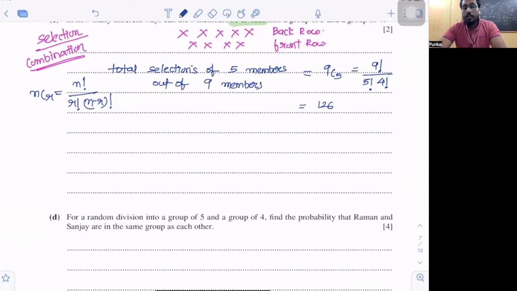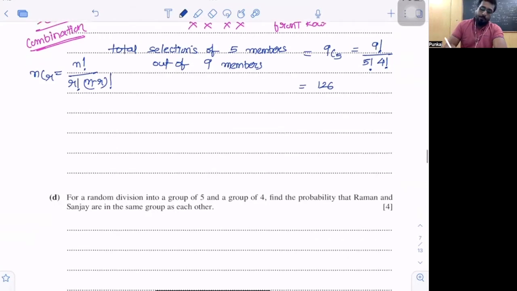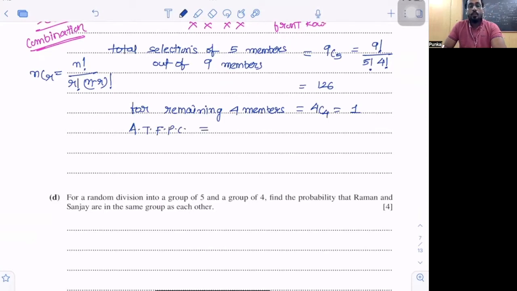Now there are still 4 people to be selected from the remaining 4 people. So for the remaining 4 members, I can do the selection in 4C4, which simply comes 1. So according to the fundamental principle of counting, the first thing that was done was a selection of 5 members from the 9 members.